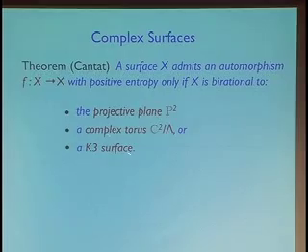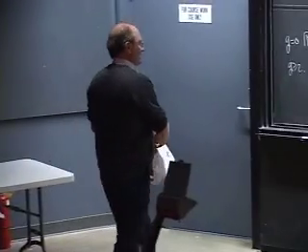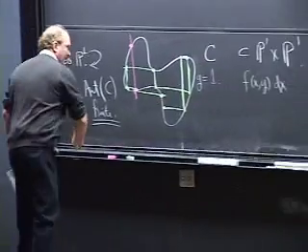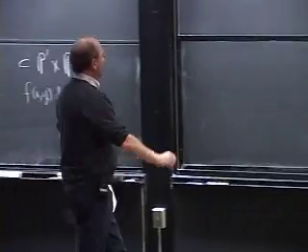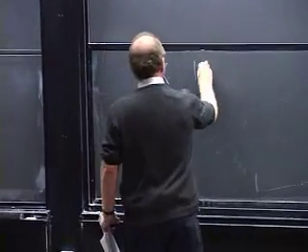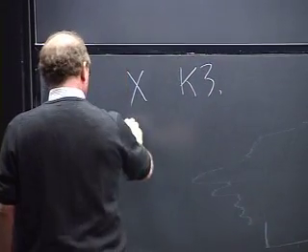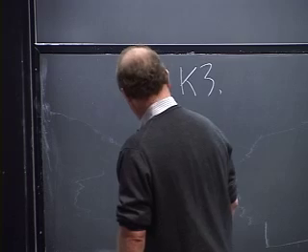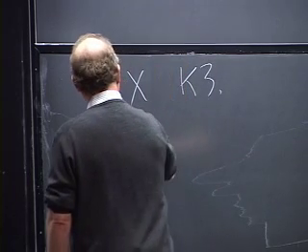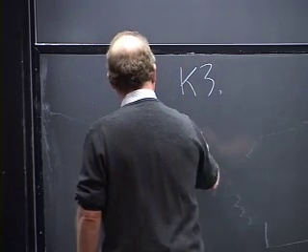However, in dimension 2, there's a totally new kind of object that you don't see among one-dimensional varieties. It's called a K3 surface. A K3 surface is a compact complex surface with the following two characteristic properties. The first is that the canonical bundle is trivial.